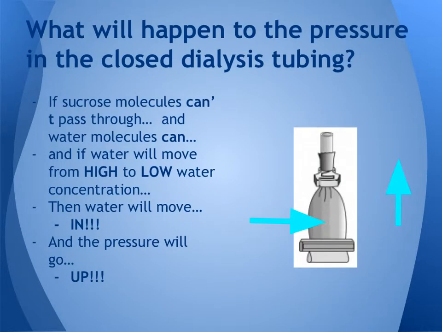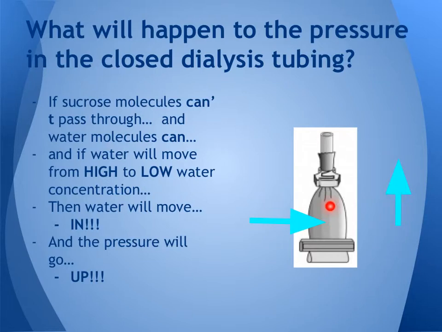So why would it work to have the gas pressure sensor collect data in this setup? Well, if sucrose molecules can't pass through and the water molecules can, and remember that water is going to move from a high concentration to a low concentration, then water would move from the beaker into the tubing. So the pressure in the tubing should go up. Think about it.